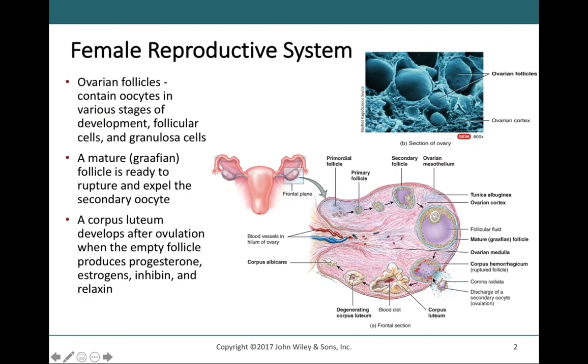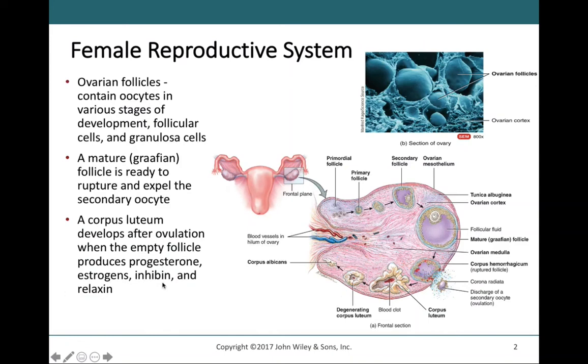But we also want to note that the remnants of the corpus hemorrhagicum become another structure known as the corpus luteum. And it is the corpus luteum that's going to play an extremely important role in the hormonal influences of the female reproductive cycle. The corpus luteum will release 4 different hormones, namely progesterone, estrogen, inhibin, and relaxin.